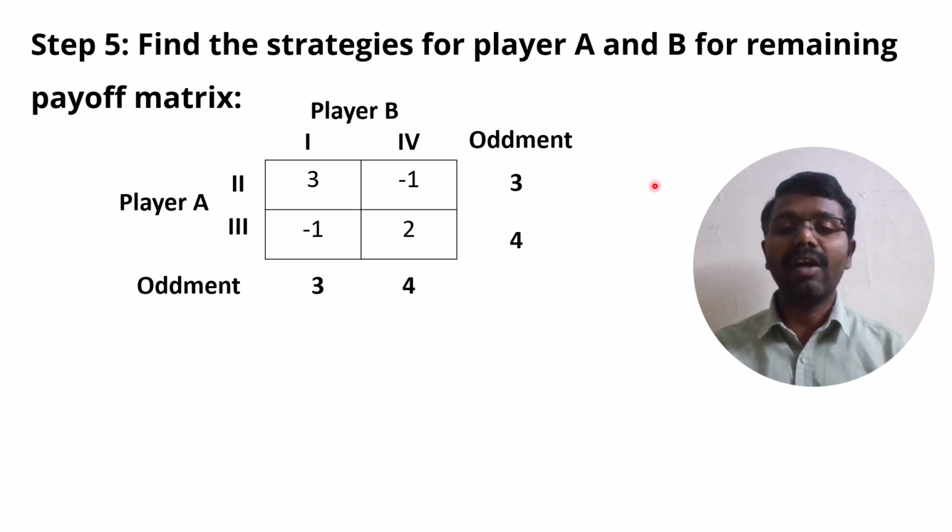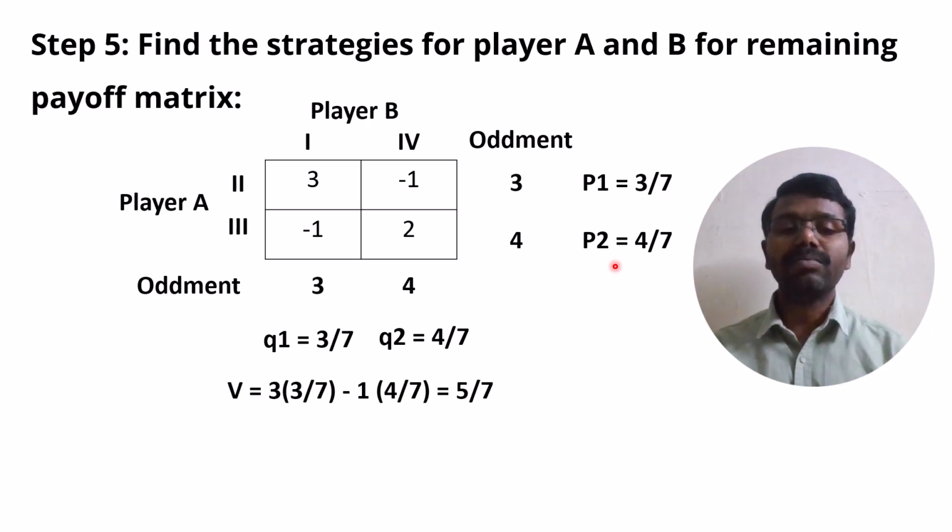So the probability of P1 will be 3 by 3 plus 4, that is 3 by 7, and P2 will be 4 by 3 plus 4, that is 4 by 7. Q1 will be 3 by 3 plus 4, that is 3 by 7, and Q2 is equal to 4 by 7. And the value of the game is 3 into 3 by 7 minus 1 into 4 by 7, that is 5 by 7.